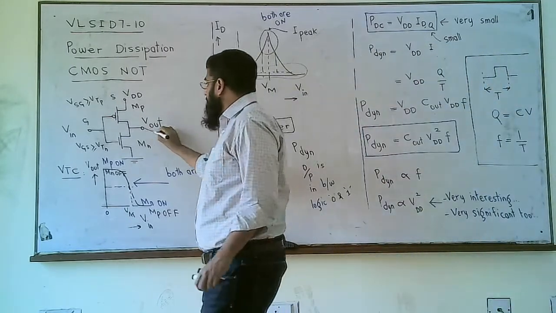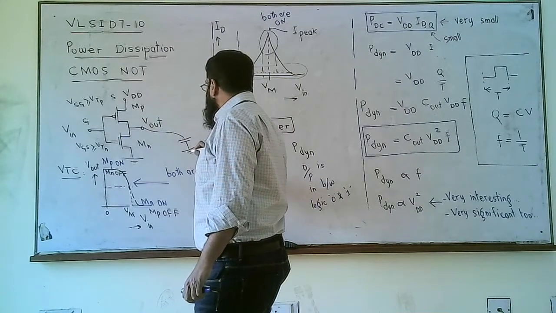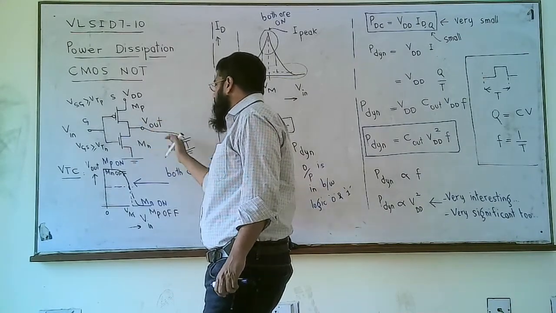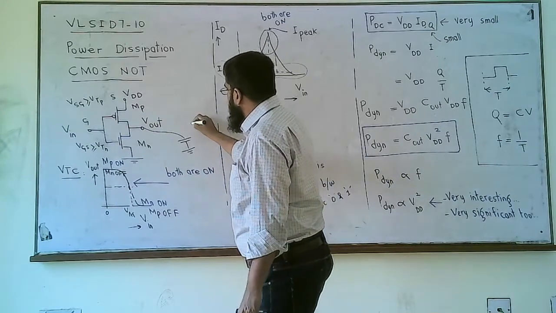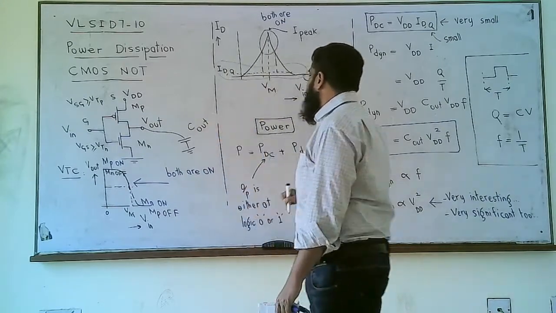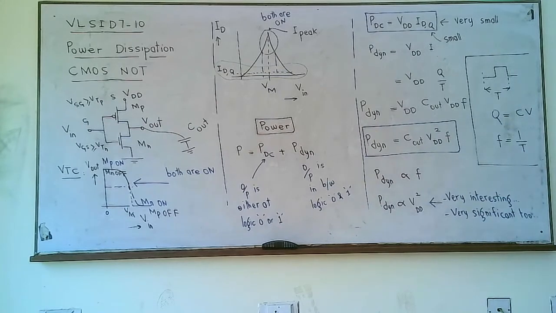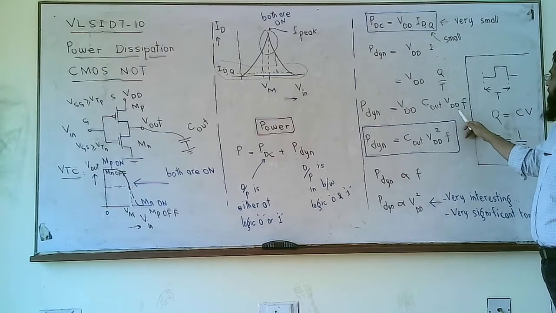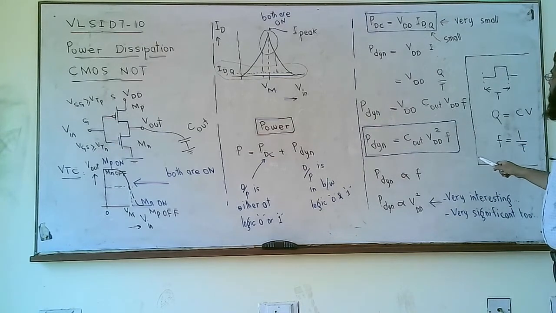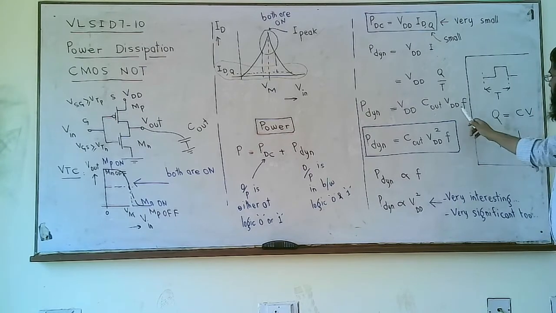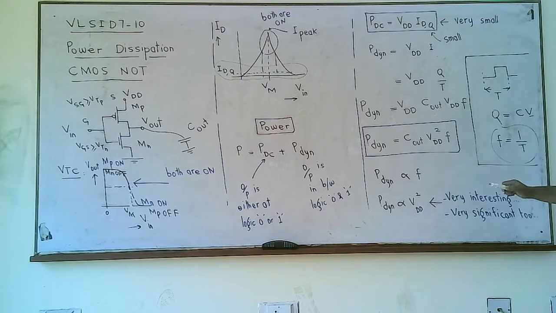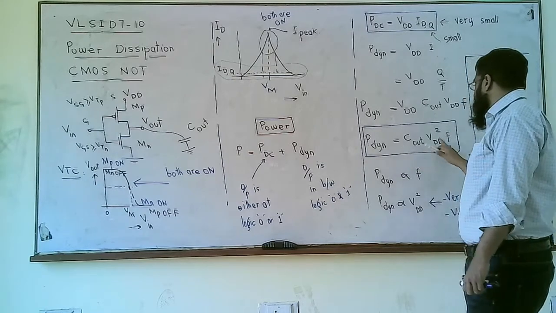We studied that there are many capacitances, Cn, Cp and CL, and cumulatively we call that Cout. We studied in our previous lecture that Cout is the sum of three capacitances: the output capacitance of PMOS, of NMOS, and the load capacitance. So Q is Cout times VDD, because the maximum possible voltage is VDD, and 1 over T is the frequency F. So dynamic power is Cout times VDD squared times F.